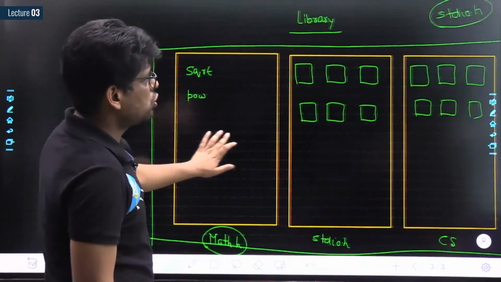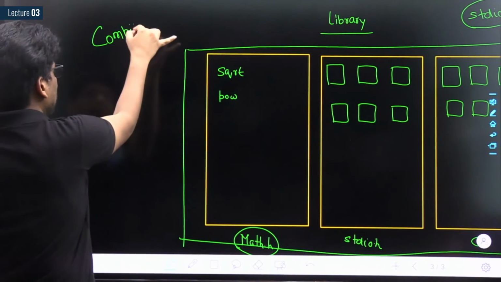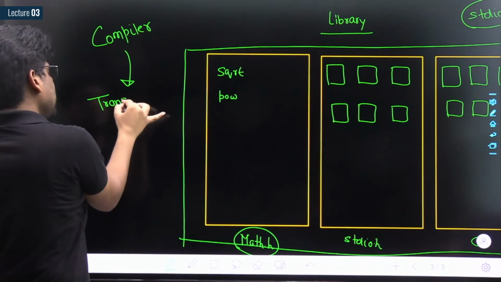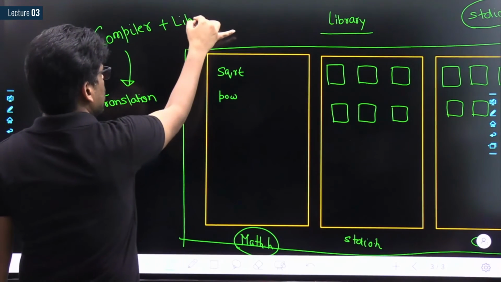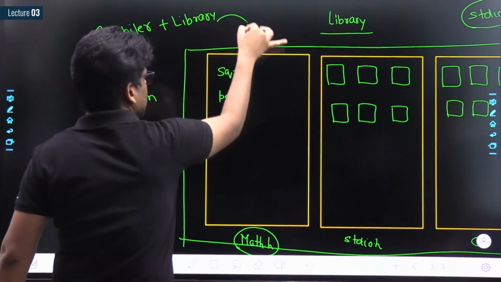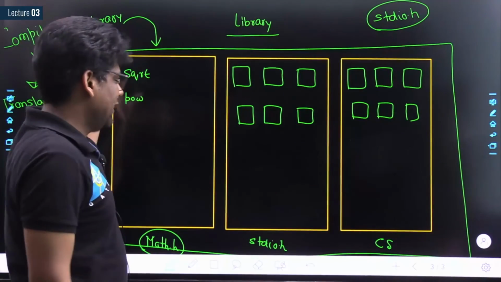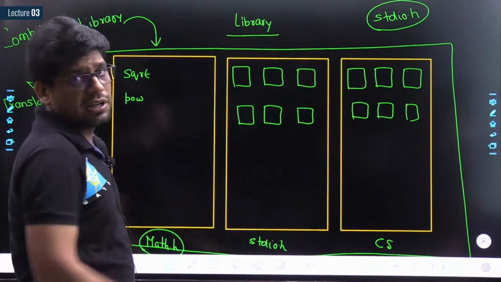Whenever we install C software, it comes along with the compiler. Why compiler? It is used for translation purposes. And there also comes a library. What is the task of the library? I hope now everyone knows. There are multiple header files, a collection of different files.